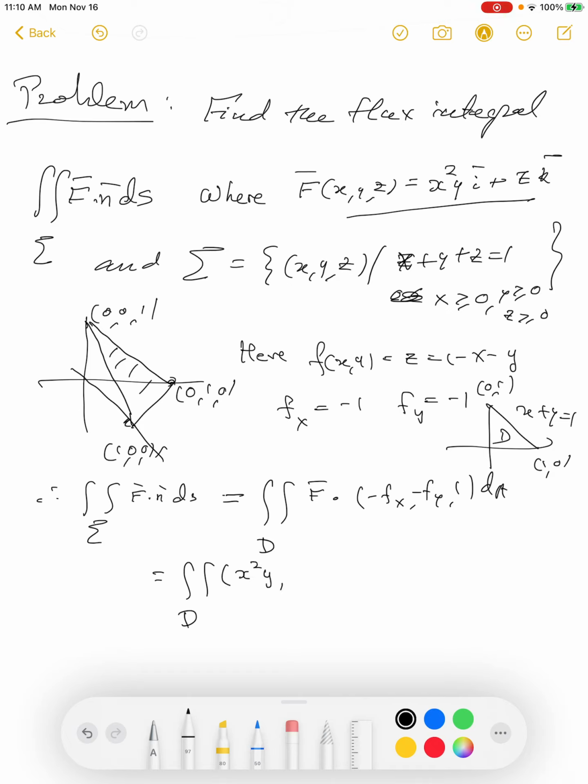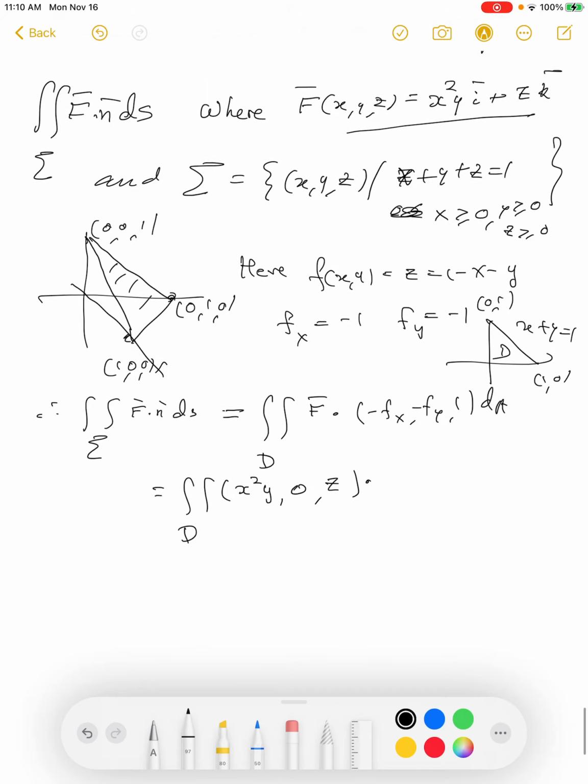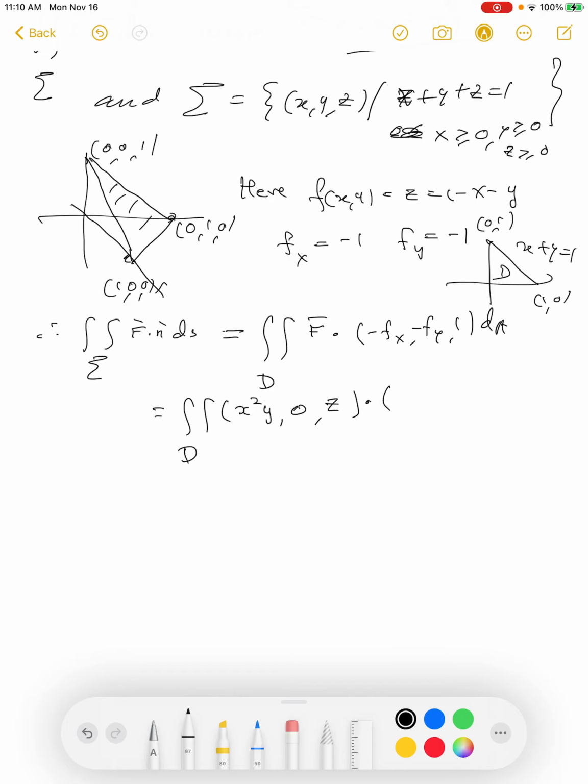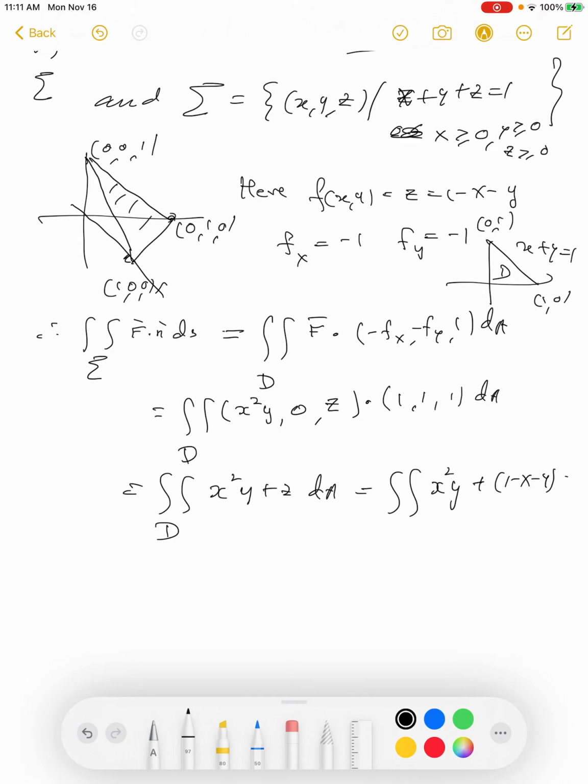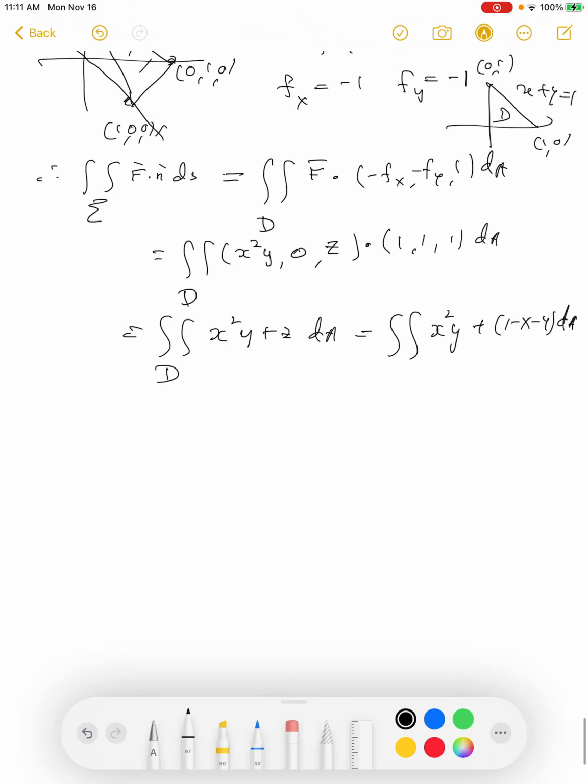So it's going to be double integral over D. F is going to be given by x square y comma 0 comma z, dot, fx is minus 1, so this is going to be 1 1 1 dA. So this is going to be double integral x square y plus z dA, and that z you are going to replace by 1 minus x minus y dA.